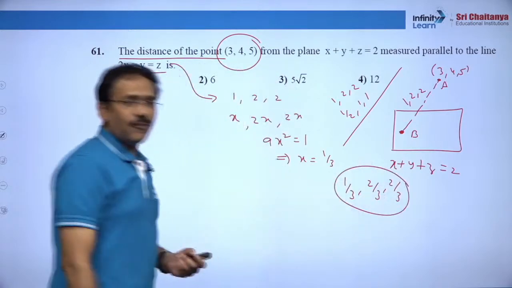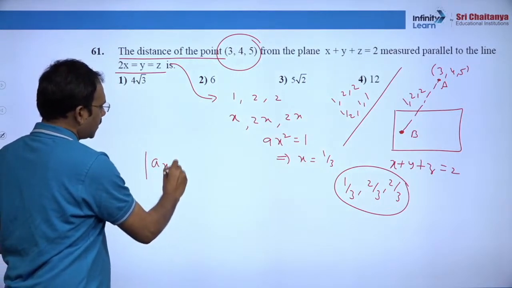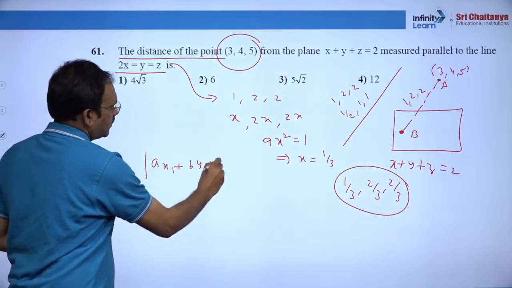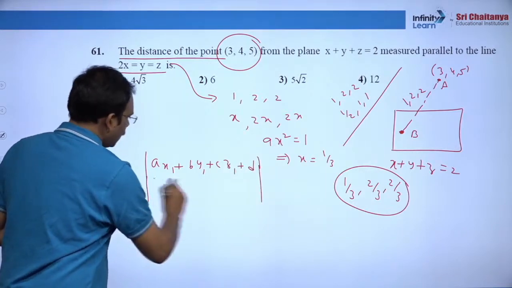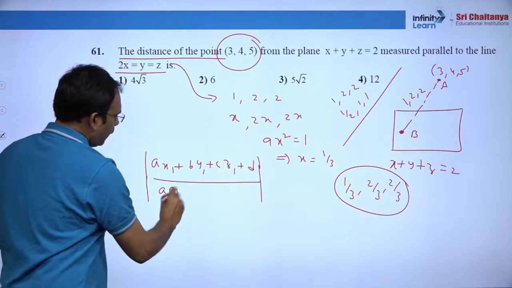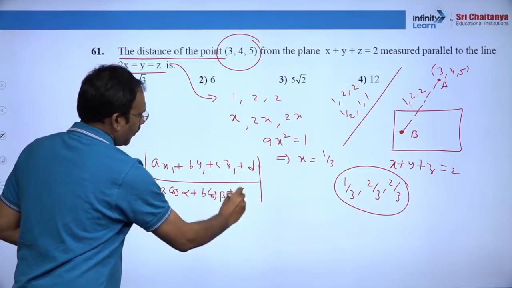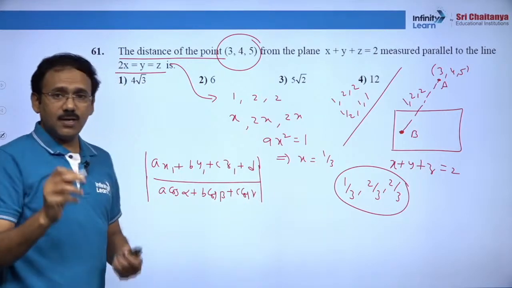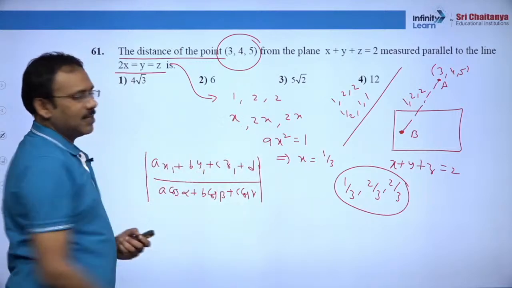Now the formula is, dear students, modulus of (ax1 + by1 + cz1 + d) divided by (a cos alpha + b cos beta + c cos gamma), where cos alpha, cos beta, cos gamma are the DCs of the line, and this is the plane equation.